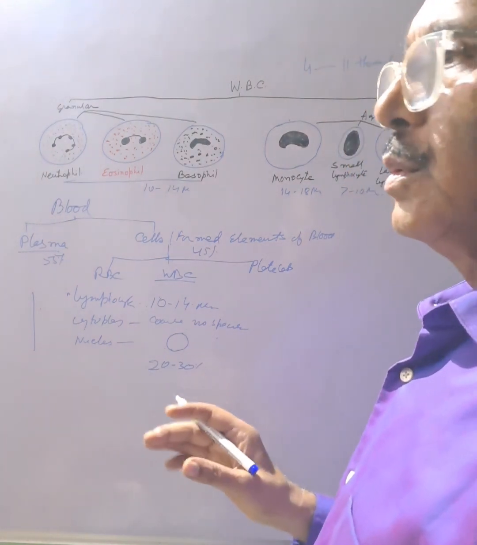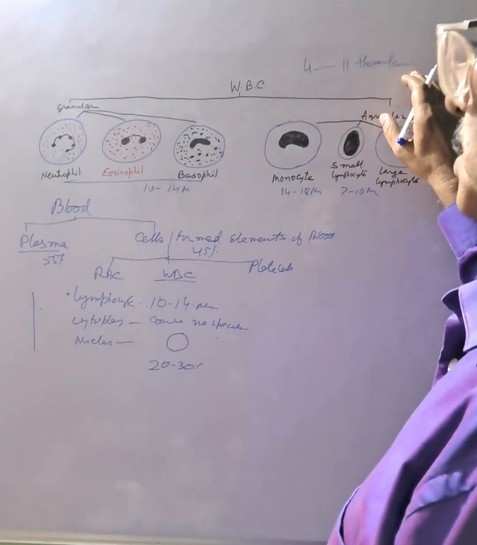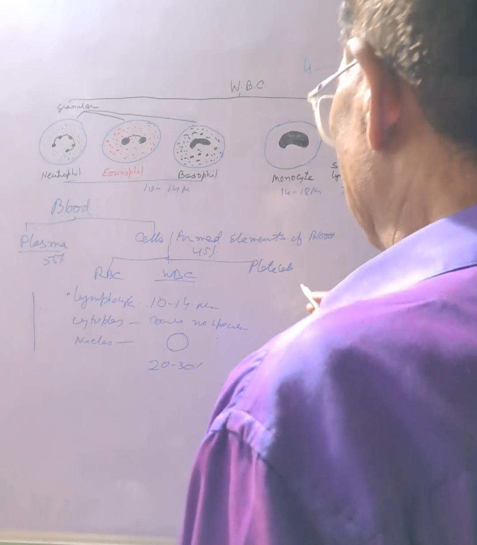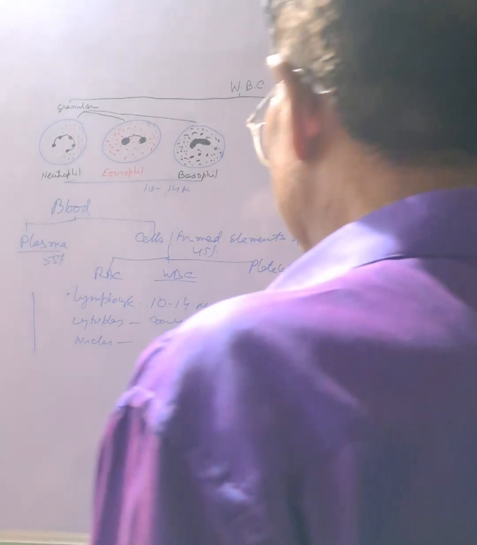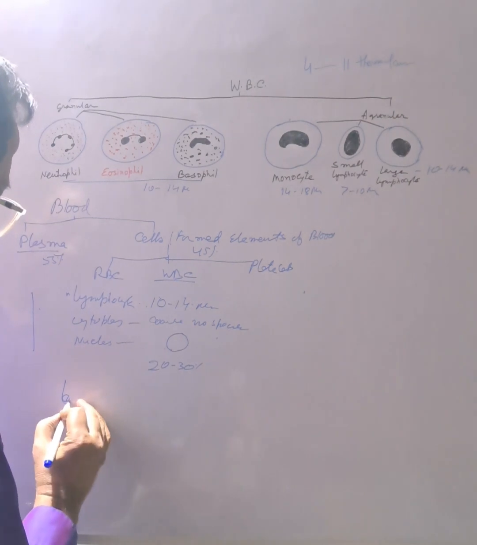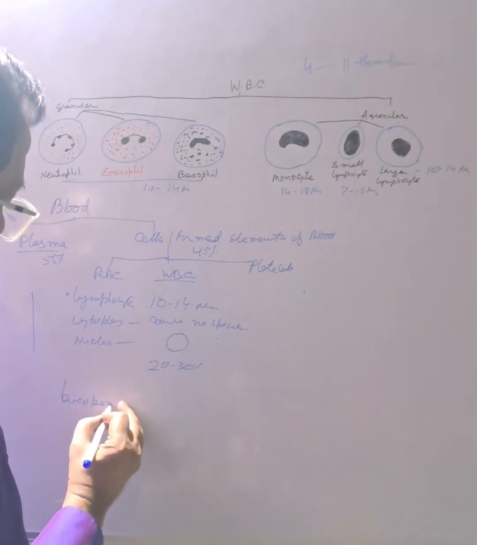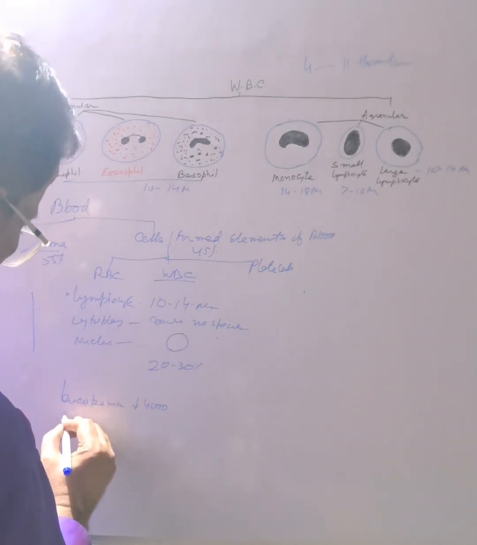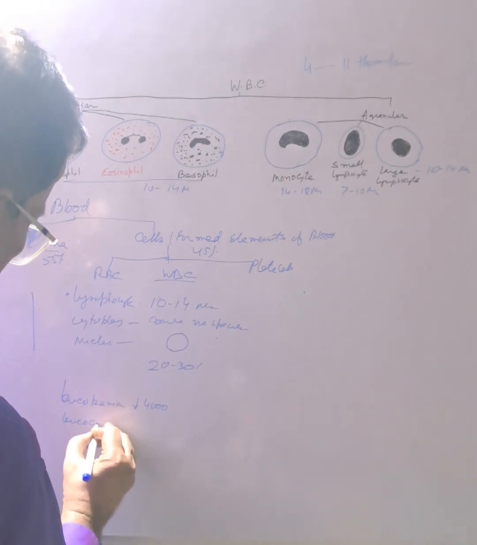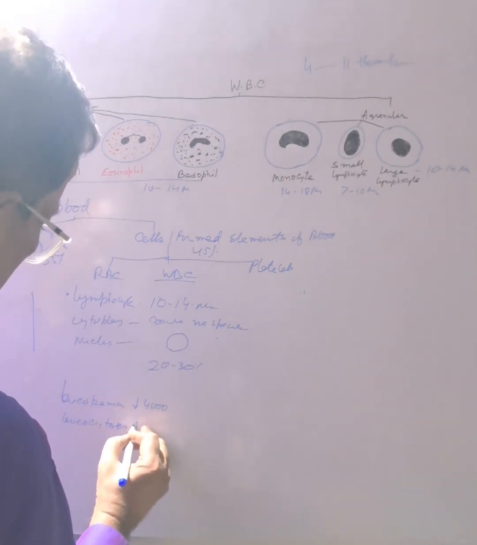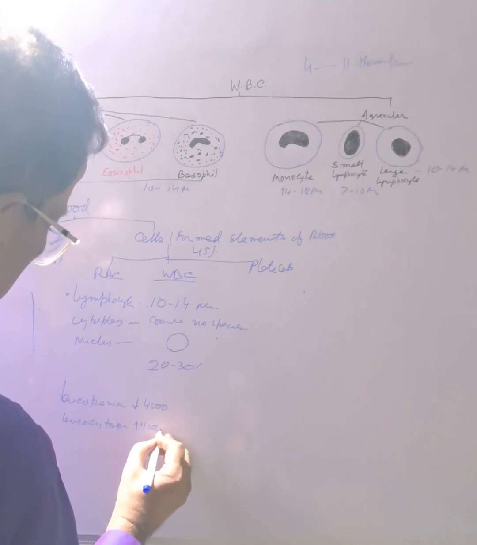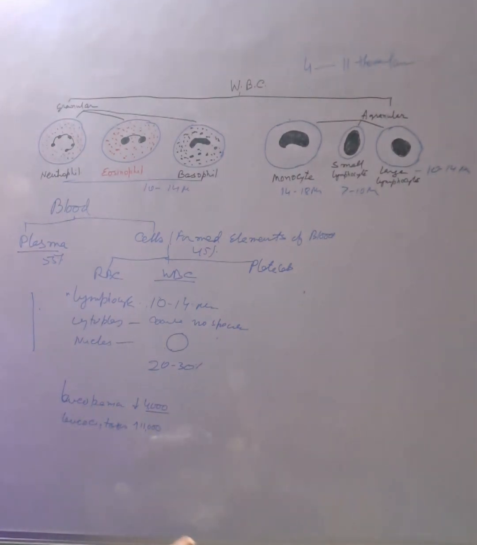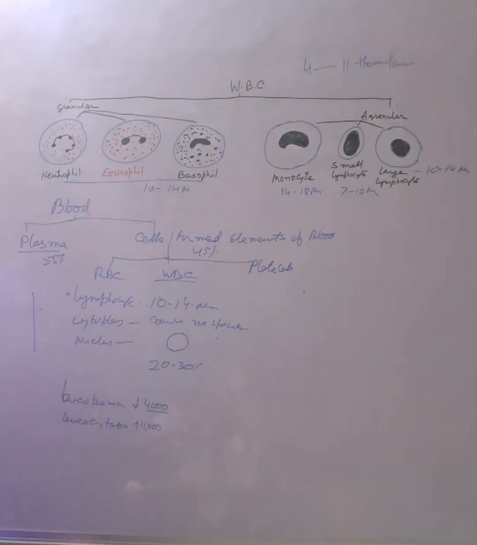When it is less than 4,000, it is known as leucopenia, and when it is more than 11,000, it is known as leucocytosis. Okay, I think it is clear.